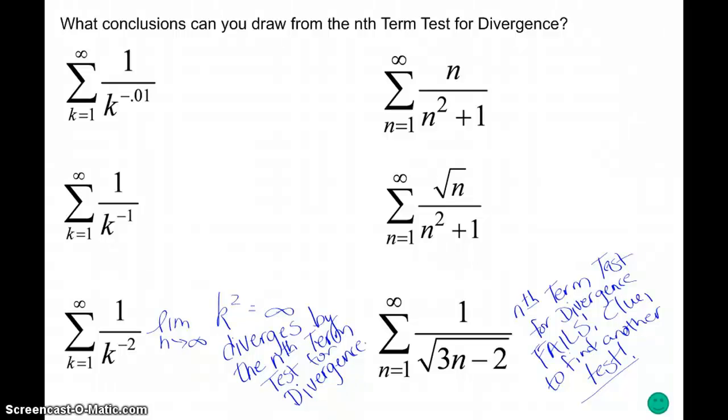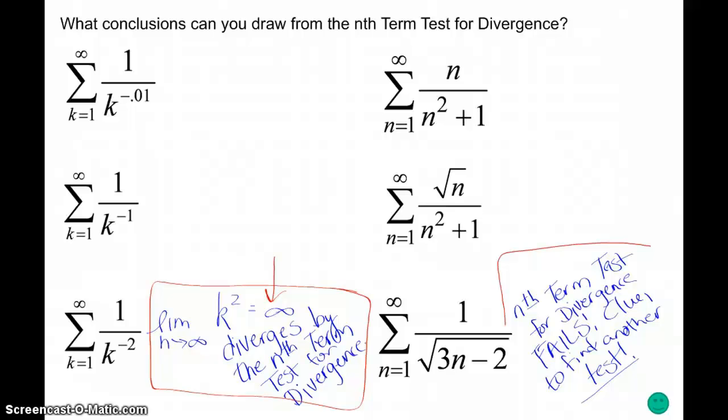If you get a good result, then you write everything down. If you don't get a good result, you don't have to write any of this down. This is just your clue that the nth term test is not going to work for you. Find another test. All right, so there's your first test for convergence or divergence, specifically a test for divergence.